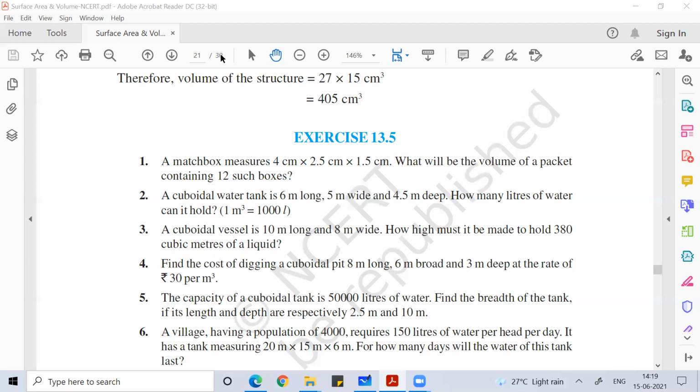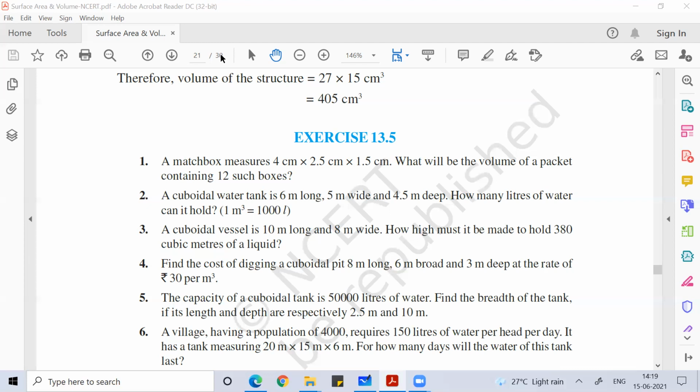Cost of digging a cuboidal pit 8 meter long, 6 meter broad, and 3 meter deep at the rate of 30 rupees per meter cube. So we'll find the volume, 144 meter cube. I'll multiply it with 30, so I'll get the cost in rupees.